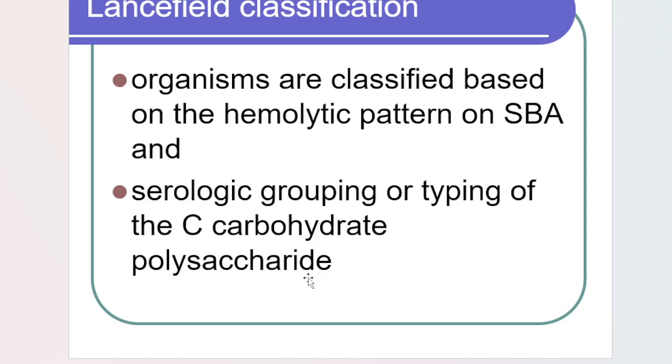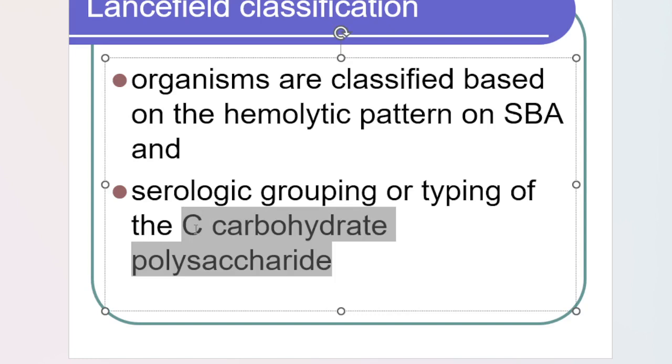So, the Lancefield classification is used with their hemolytic pattern, usually for beta hemolytic colonies on the SBA. It is serologic grouping or typing of the C carbohydrate polysaccharide. Because they have different types of C carbohydrate polysaccharide, there are different groupings.